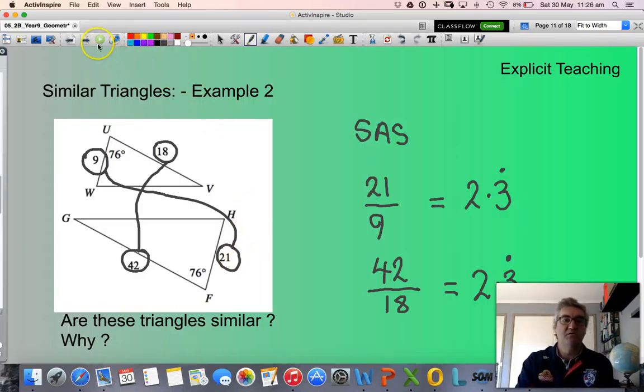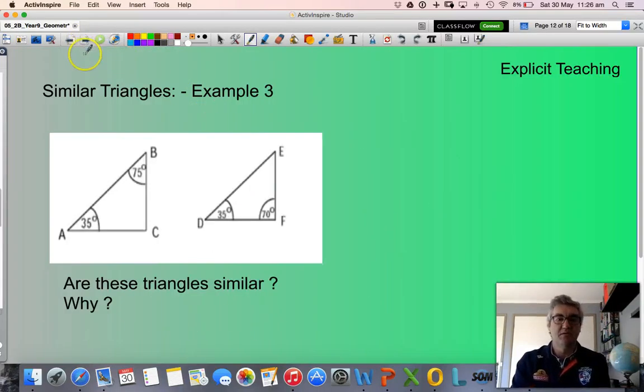Let's move to the next example. This situation here, well, I've been given two angles, 35 and 70. Whenever you're provided with two angles in a triangle, what you should do is look to calculate the third angle.